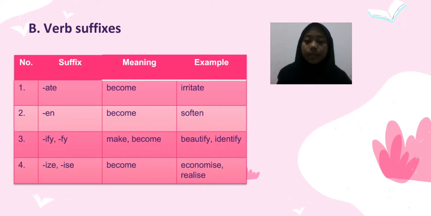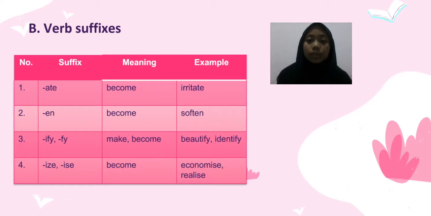Verb suffix. Verb suffixes change the word class of a word into a verb by adding a suffix to the word. So verb suffix is a change of a word's class into a verb by adding a suffix to that word. Like number 1, suffix ate, the meaning is become, for example, irritate.